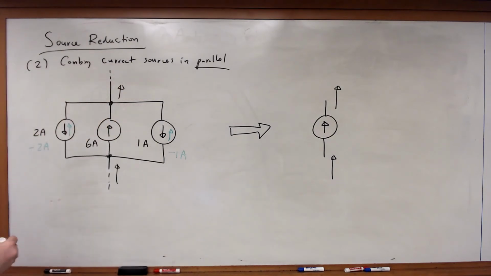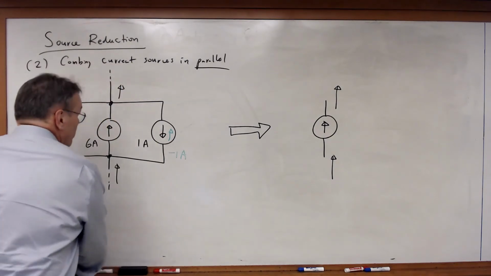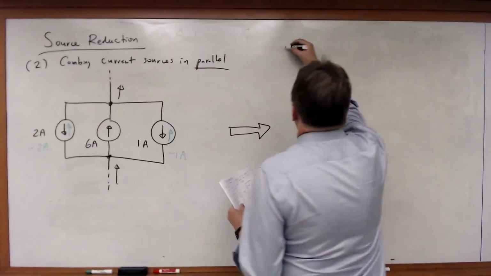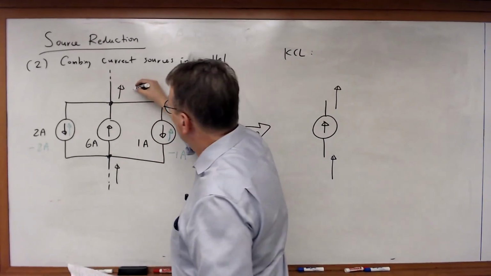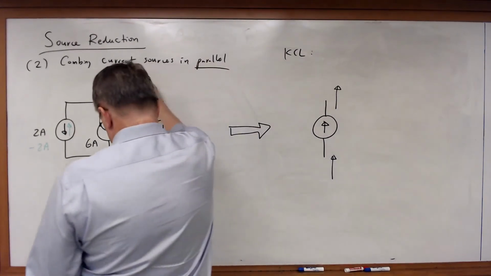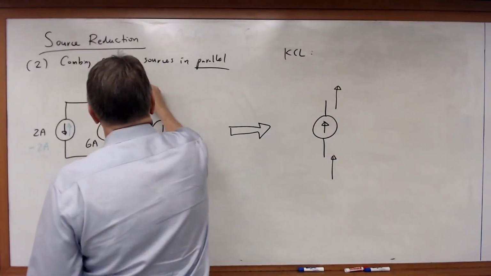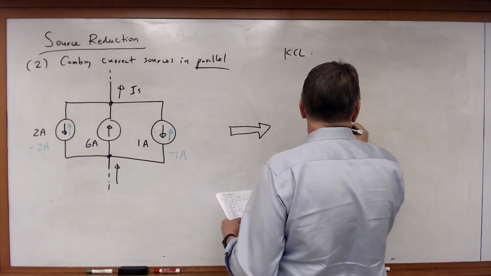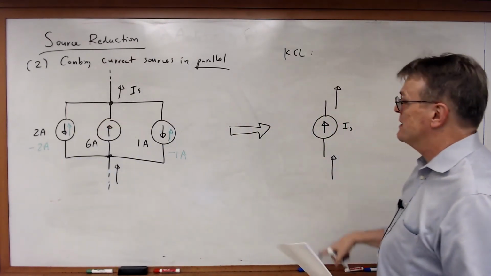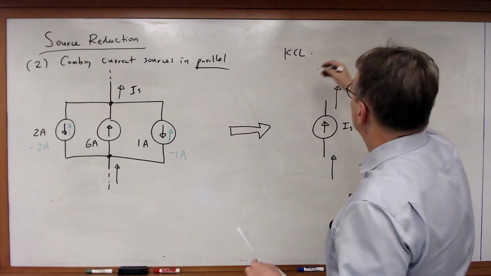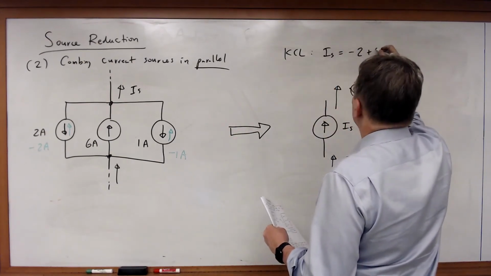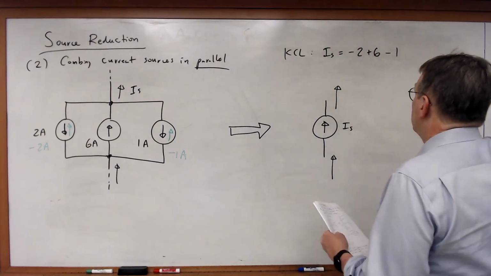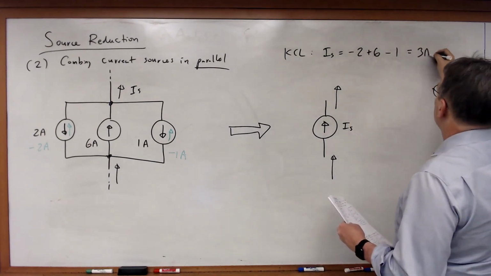And now by KCL, I add those together. And KCL says that this current, I'll call this IS, which clearly must also be this current value IS. IS must be equal to minus 2 plus 6 minus 1, which is equal to 3 amps.